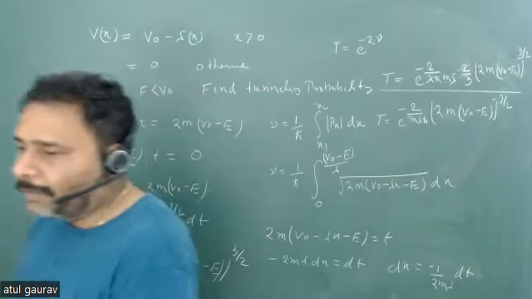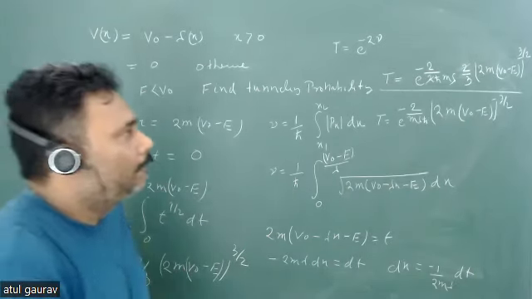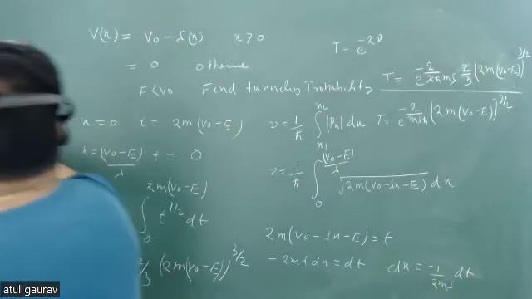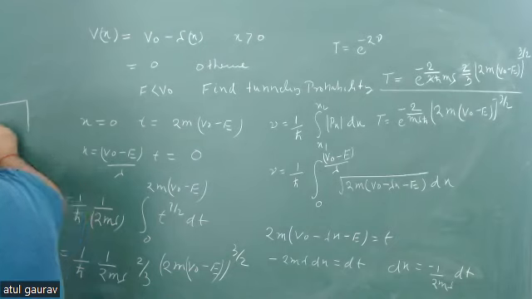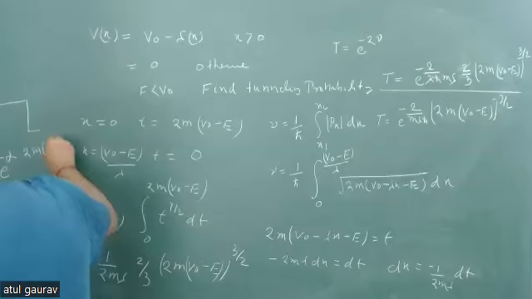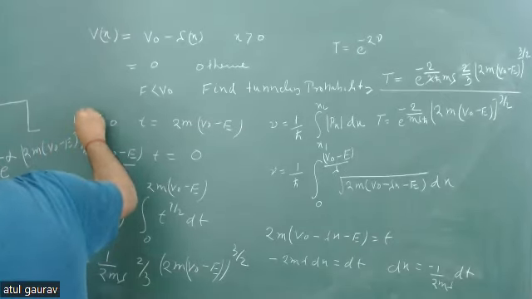लास्ट प्रॉब्लम में क्या था? टर्निंग प्रोबेबिलिटी कैसे था? V naught minus E का हाफ, isn't it? When you have constant potential, remember this one? इसमें क्या था? The tunneling probability is proportional to some alpha, so that is some constant, and you have (2m(V naught minus E)) to the power 1 by 2.